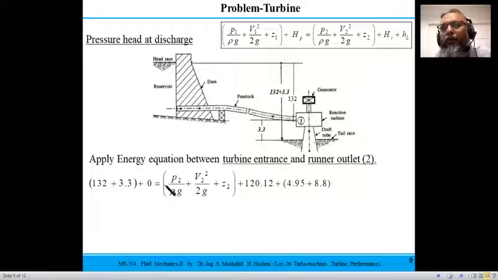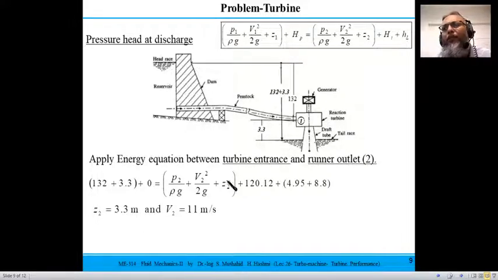The only unknown here is the pressure head, because we know that V2 is the same as VR2, which is 11 meter per second, and Z1 is the same as Z2, because at runner inlet and outlet the elevation is the same, 3.3 meter.